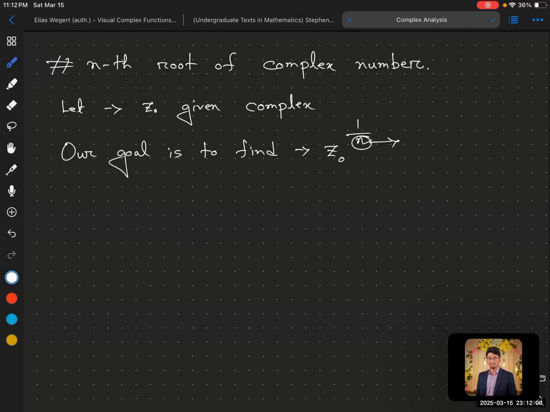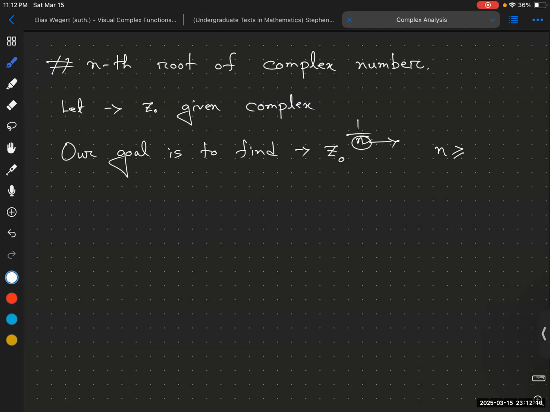basically if the value of n is 1, then this is not exactly the root. This is basically the value of z0. So here n is greater than or equal to 1, and obviously n is a natural number. So we want to find the nth root of z0.